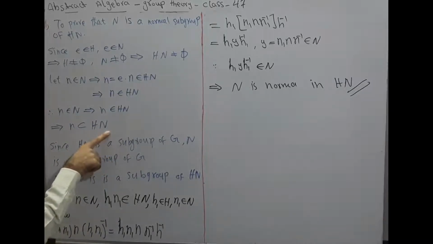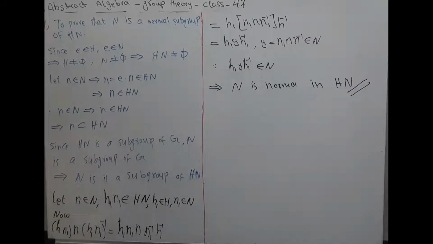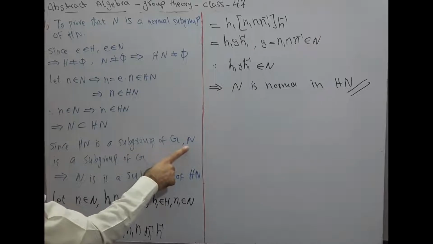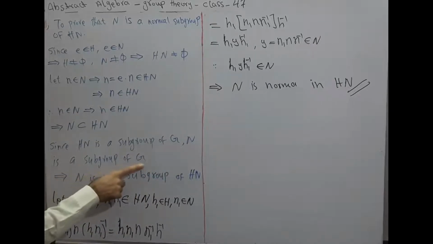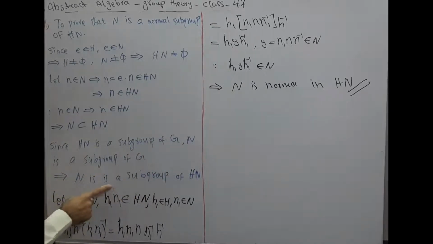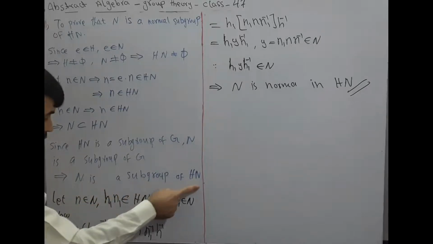Capital N is a subset of HN. Since HN is a subgroup of G, N is a subgroup of G. This implies N is a subgroup of HN.